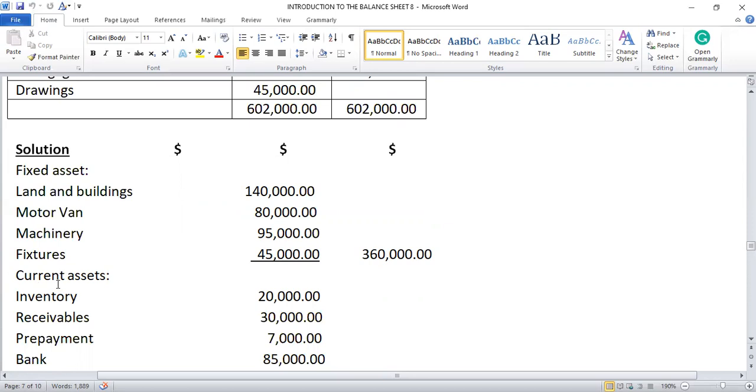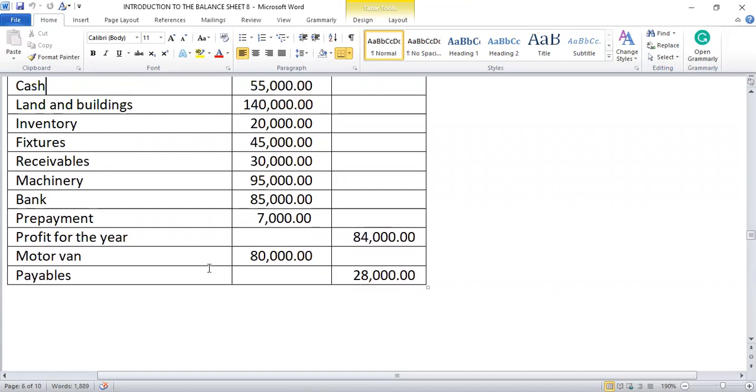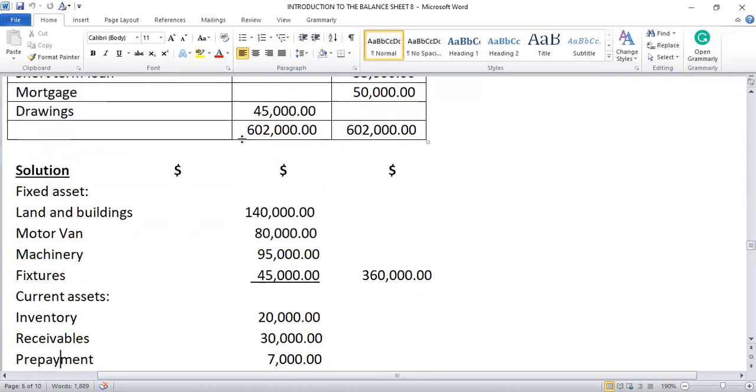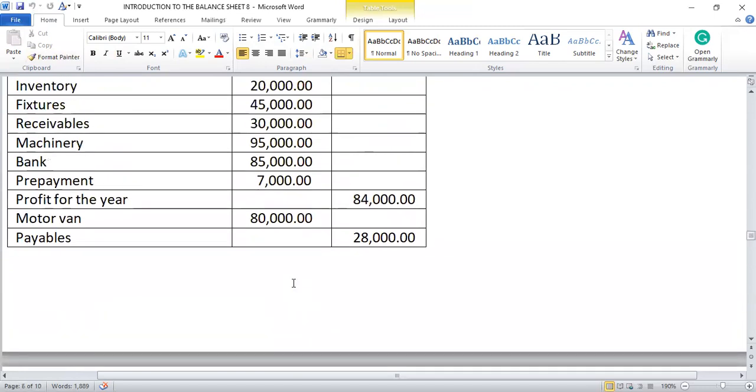Okay, so we go to our current assets, inventory $20,000. We have our inventory here, $20,000. Our receivables, $30,000. Prepayment, $7,000.